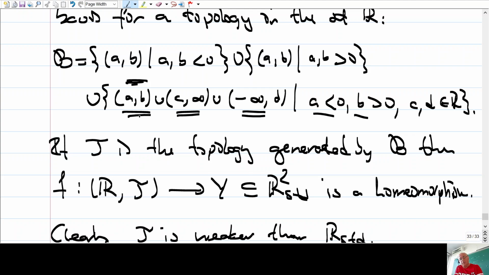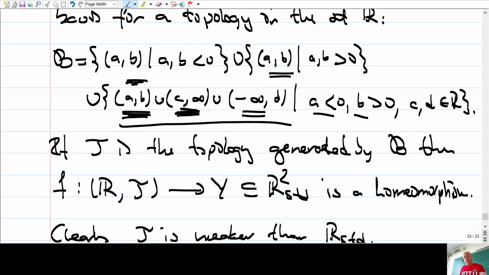This will be considered an open set only if it is part of a union like this. This one is open because it is the union of growing intervals on the positive side, and they are in my basis already.